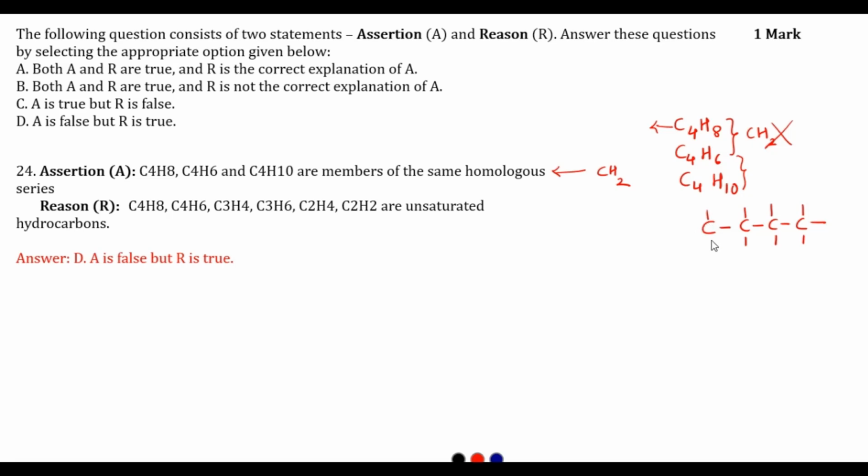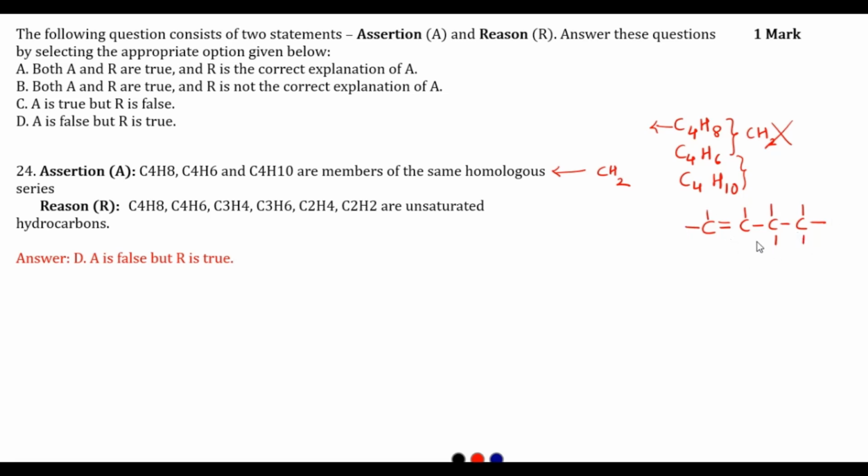Then this carbon will be lacking hydrogen, therefore I will put a double bond here. Here I cannot take the bond because it already has a bond, so I will remove this bond, put a double bond now and then put a single bond here. So now it is correct.